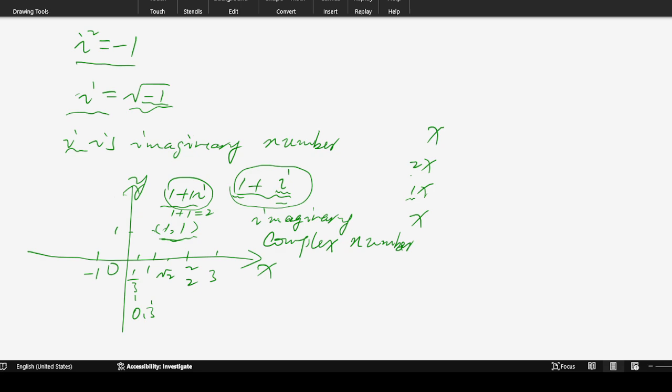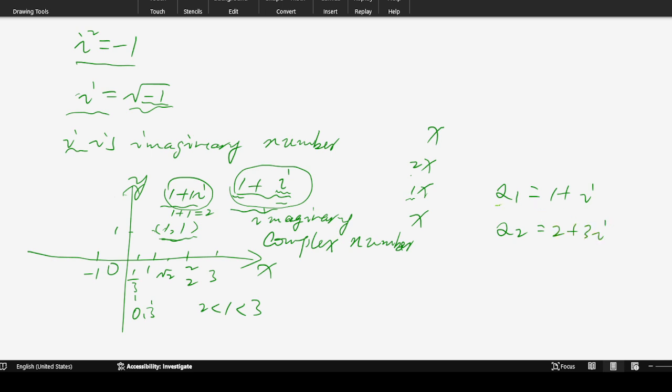This is a number, but it is different from a real number. With real numbers you can compare, for example 3 is larger than 1, larger than 2. But remember, a complex number is different from a real number. What is different? It's a position, not a value. So you cannot compare. For example, z1 equals 1 plus i, z2 equals 2 plus 3i.